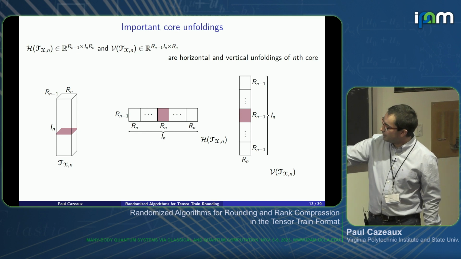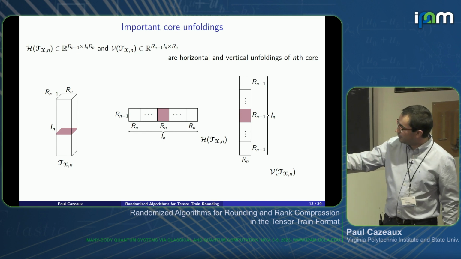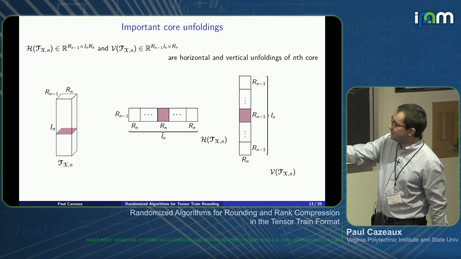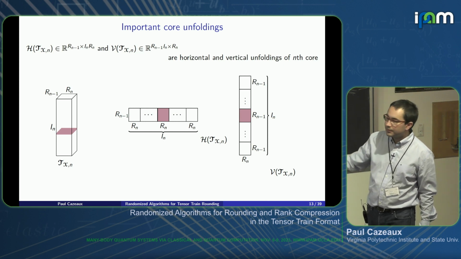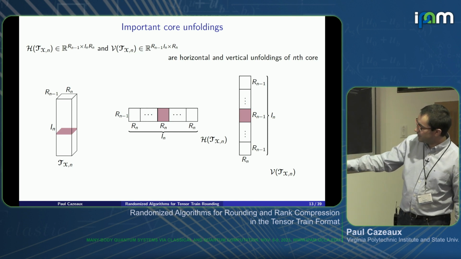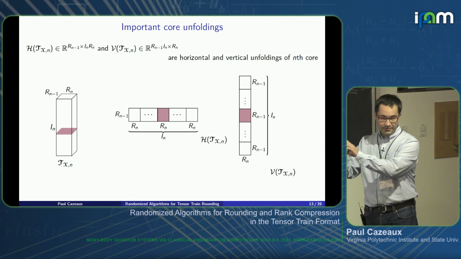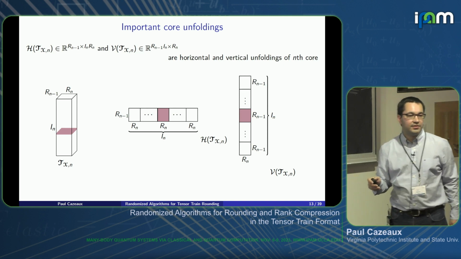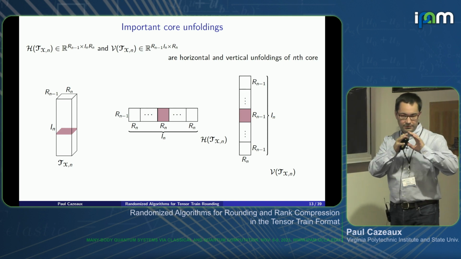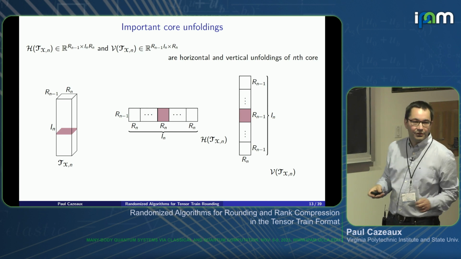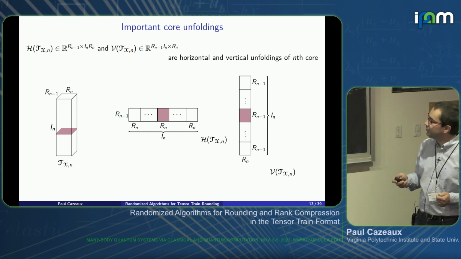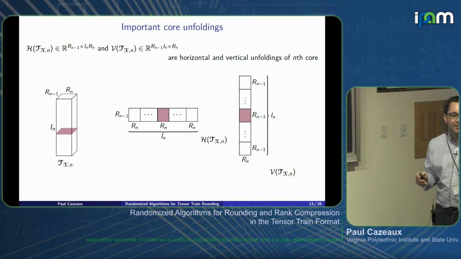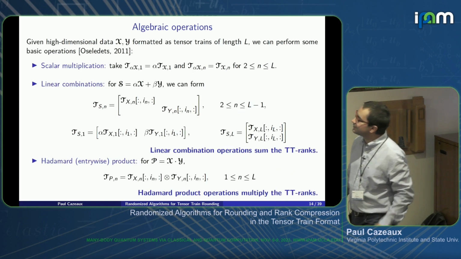So the row dimension is the rank on the left, and the other 2 indices have been merged. And then I have a vertical unfolding where the column index is now the bond dimension on that side, and I have merged the other 2 indices. There is a third way to do it if you take the modal index to be one of the dimensions you really want to keep, but I don't think I need it in this talk, so I'm going to limit it to 2 unfoldings.